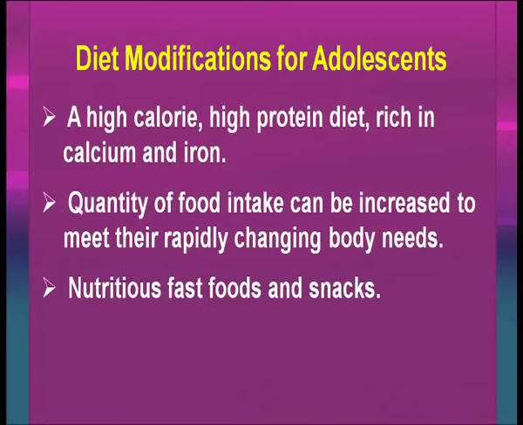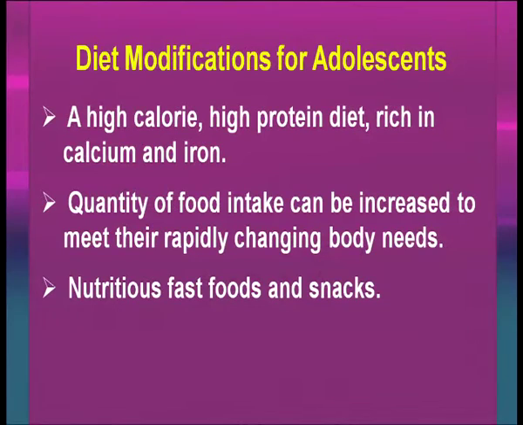But due to their growth spurt, they need high calorie, high protein food rich in calcium, iron and other vitamins and minerals too. The quantity of food intake is increased to meet their rapidly changing body needs.